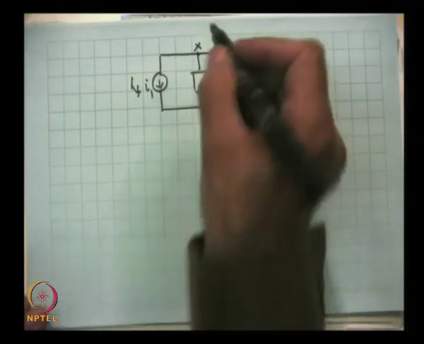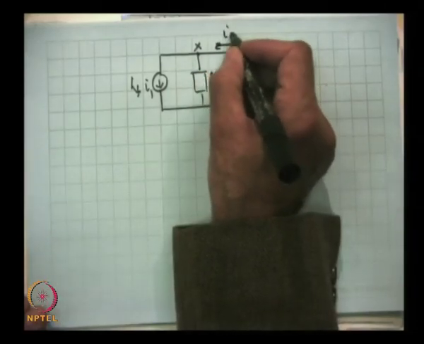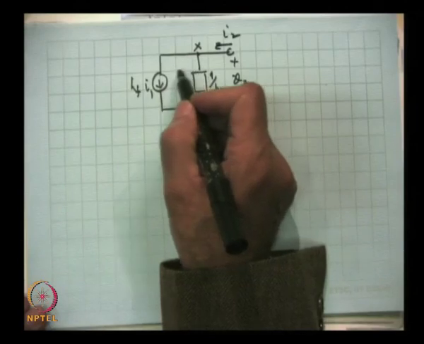Now, this current I 2 will be divided into two branches here.